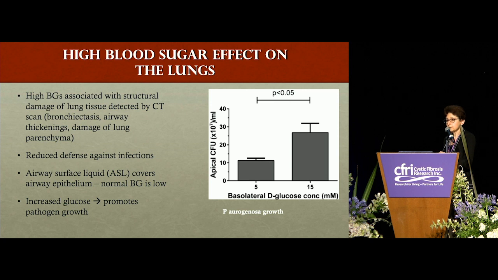When blood sugars go high, glucose also goes higher in this protective layer, which reduces the defense mechanism and promotes pathogen growth in the lungs. A study measuring Pseudomonas growth in the lungs depending on blood sugar showed higher growth with higher blood glucose levels in the airways.